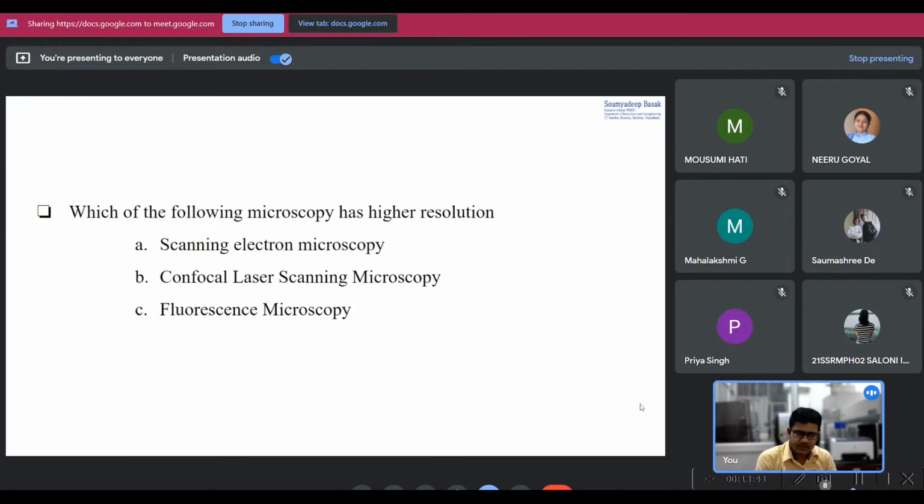So let's go to the next question. Which of the following microscopy has higher resolution? Scanning electron microscopy, confocal laser scanning microscopy, fluorescence microscopy. Which among the following has higher resolution? We have studied it in the week.